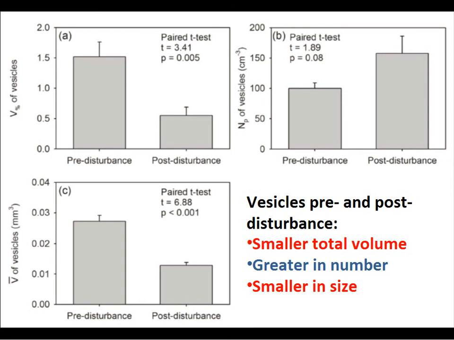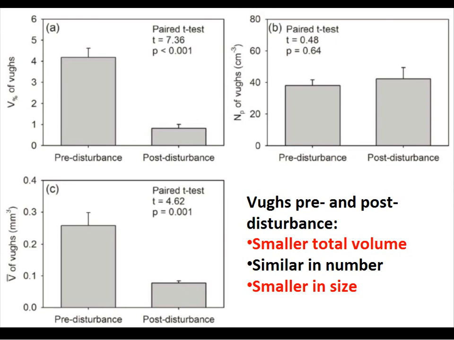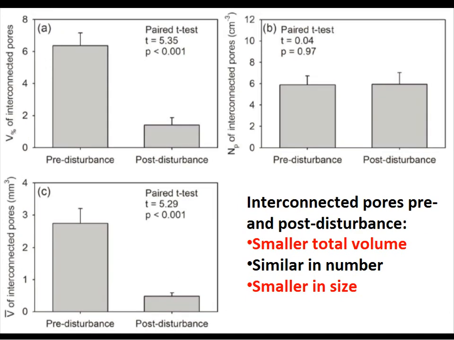And then as the pores grow, they merge with each other. Because they're merging with each other, that decreases the number of pores, but leads to growth of the pores. With the bug-shaped pores, we saw they were also smaller in total volume, similar in number, but smaller in size. And with the interconnected pores, they were also smaller in total volume, similar in number, and smaller in size.